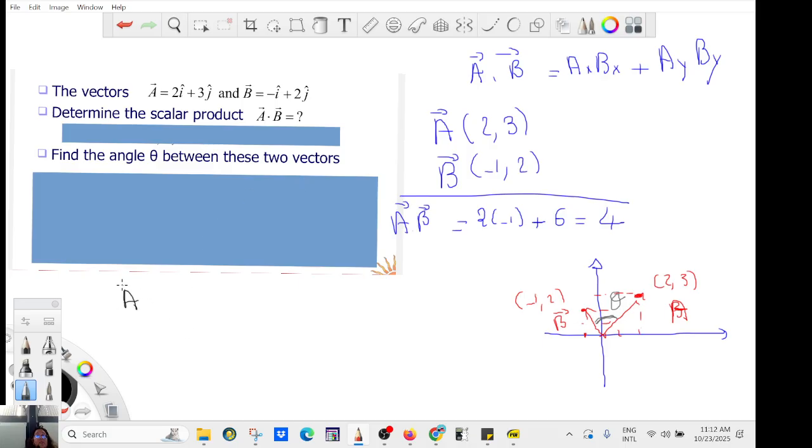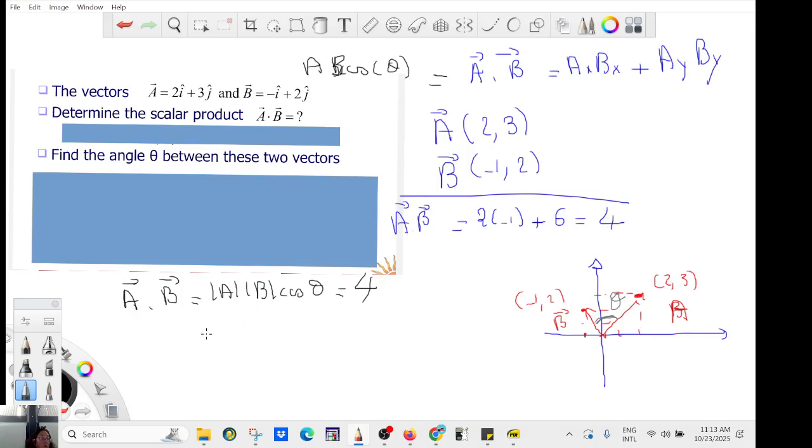So in that case, you use the other definition: A dot B equals magnitude of A times magnitude of B times the cosine. And you know that the dot product equals 4. By definition, you have two definitions. You can use this one, or you can use A times B times the cosine. So do it.